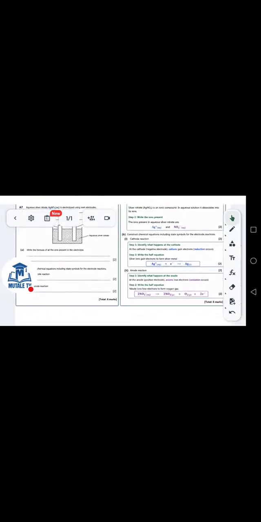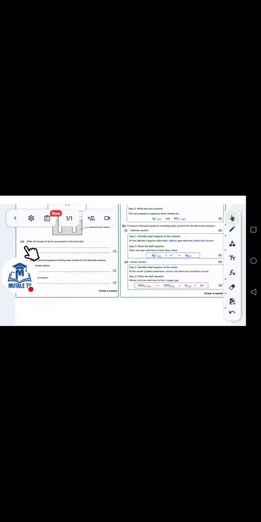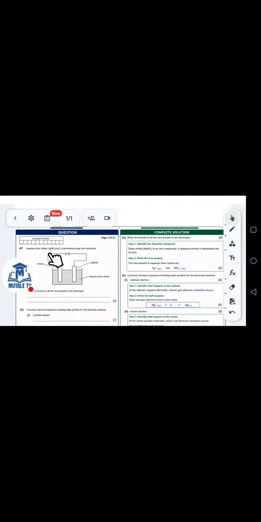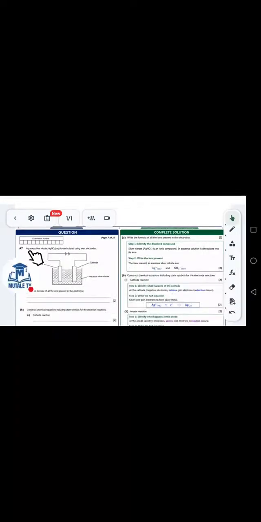Let's look at question A. Question A reads, write the substances which have been given there. In this case, the substance which has been given here is aqueous silver nitrate. Aqueous comes in because it's mixed with water.